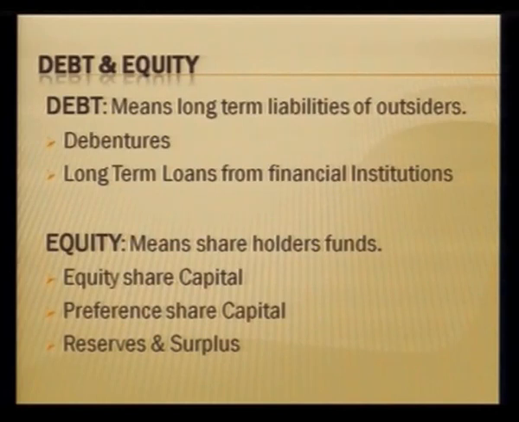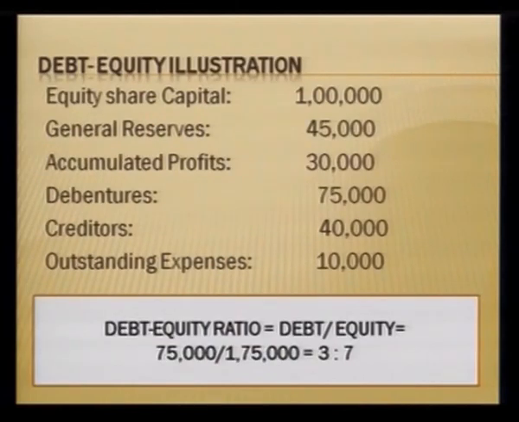Now to take an illustration of how this ratio would work, let us assume that the total equity share capital is rupees 1 lakh, general reserves are 45,000, accumulated profits are 30,000, debentures are 75,000, creditors are 40,000 and outstanding expenses are 10,000.